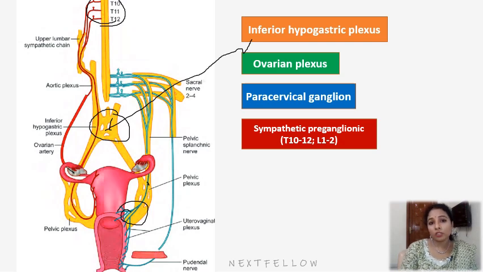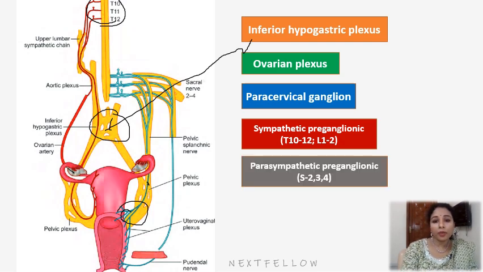So the contraction during pregnancy is due to oxytocin hormone, and in non-pregnant women the contraction is due to the sympathetic preganglionic nerves, which are derived from T10 to T12 and L1 to L2, and they also help in vasoconstriction. So sympathetic preganglionic also causes vasoconstriction.